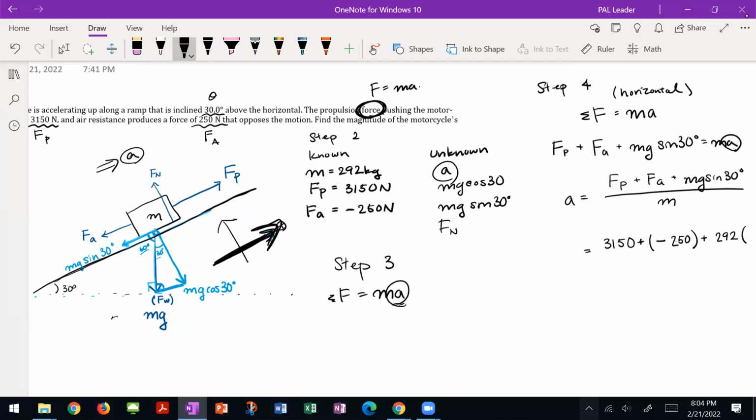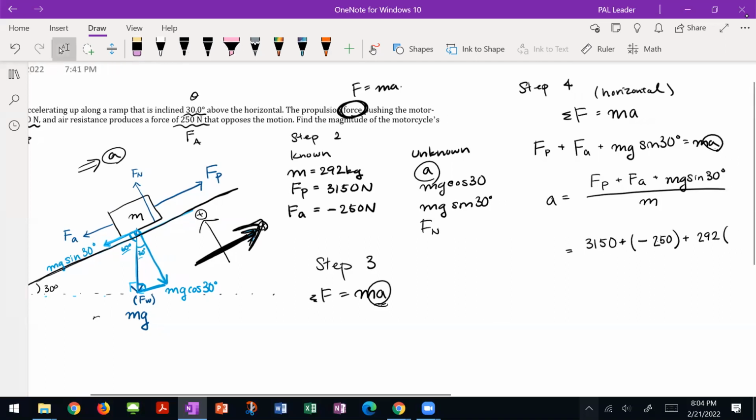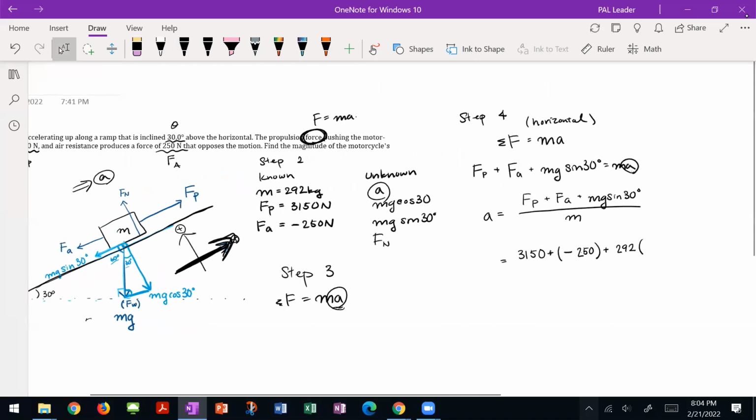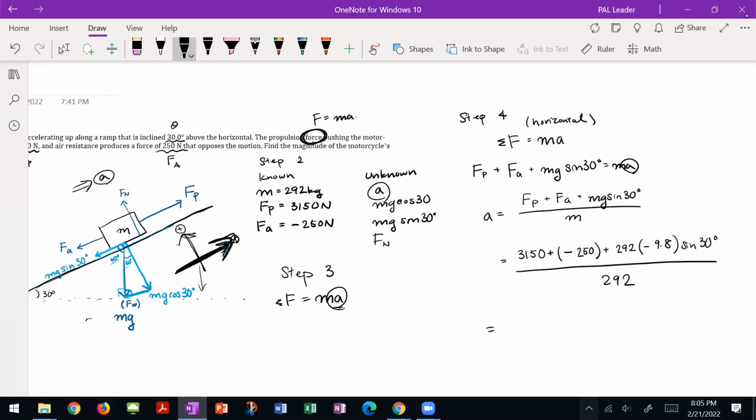It doesn't matter what you set them. You should always get the right answer if you set up your equations correctly, okay? But I'm just going to say that this way is our positive. Gravity would be negative since it's going this direction. I don't really like that explanation, but please follow. All over mass, 292.